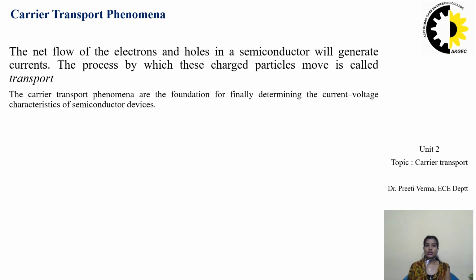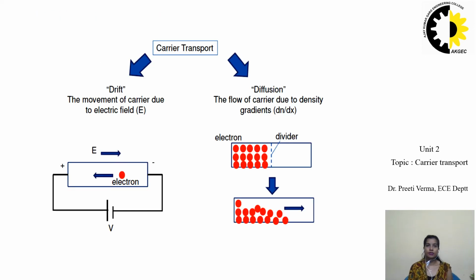The carrier transport phenomena are the foundation for finally determining the current values, that is the current-voltage characteristics of the device. We can divide the current transport phenomena into two categories. One is drift and another one is diffusion.